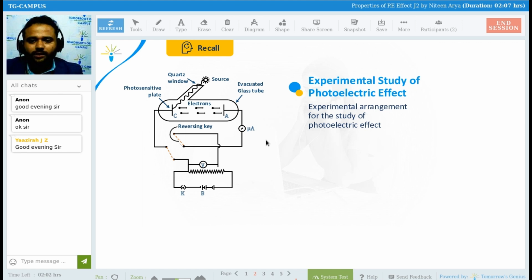Good. So in this particular class, we are going to discuss the properties of the PE effect. We are going to discuss the relation between kinetic energy max and the potential, what we already did. We are going to discuss many properties related to the PE effect, obviously, as it is the properties of the PE effect.